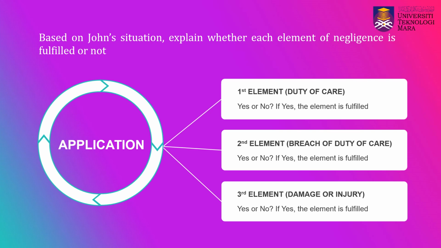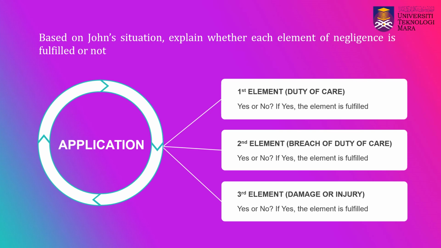If the answer is yes, then the element is fulfilled. All of these three elements need to be fulfilled in order to prove negligence. At the same time, students need to give their reasoning for their answer.